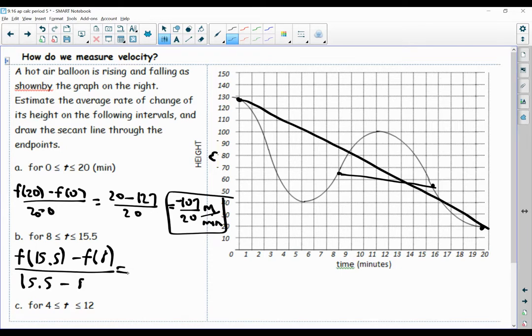But then once I got to do it, let's go about maybe 52 minus 65 over 7.5. So I got negative 8 over 7.5. Oh, wait, negative 13 meters per minute.